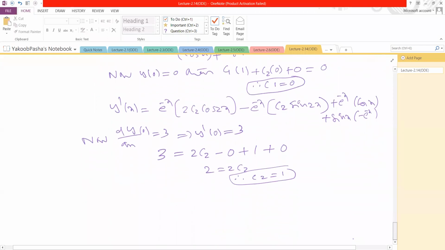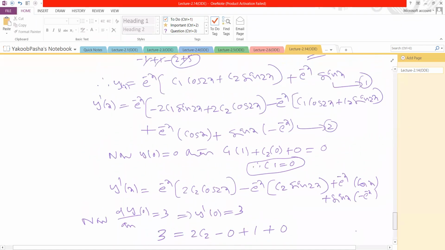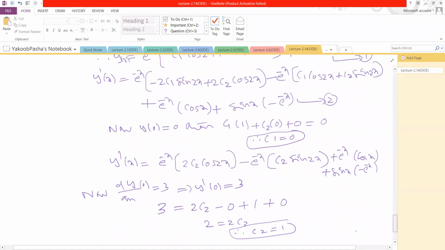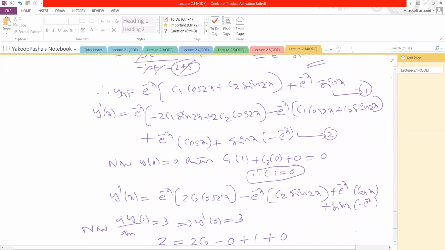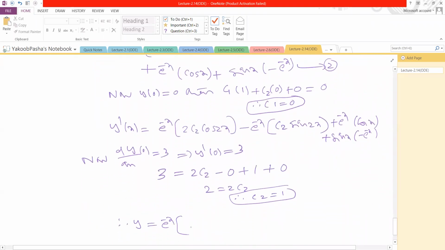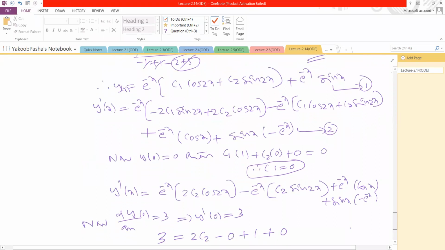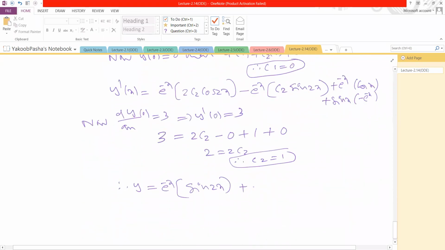So we get the general solution y is equal to e power minus x into c1 value 0, that is 0, c1 cos 2x 0, c2 value is 1, that is sin 2x, plus e power x into e power minus x into sin x.